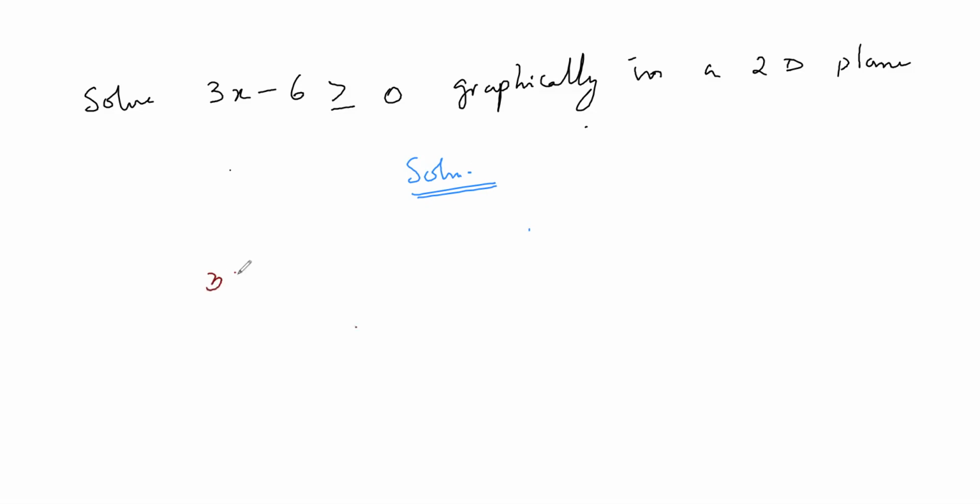So 3x minus 6 greater than or equal to 0. Correct. So 3x greater than or equal to what? 6. So x greater than or equal to 2.